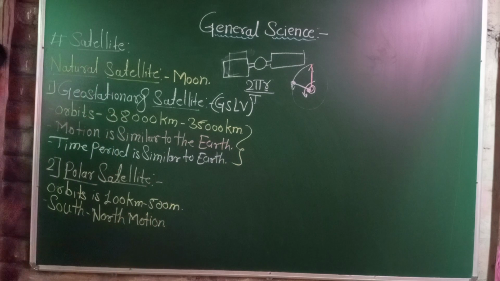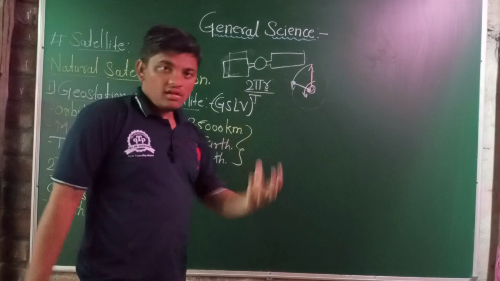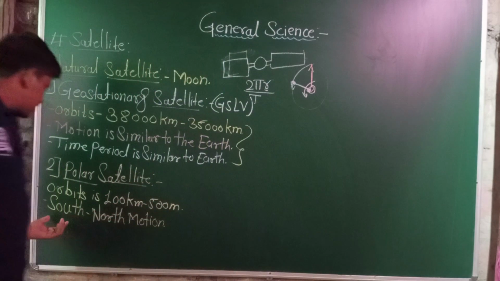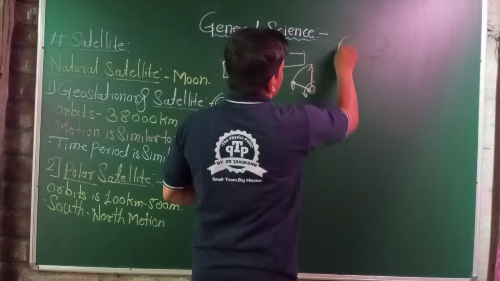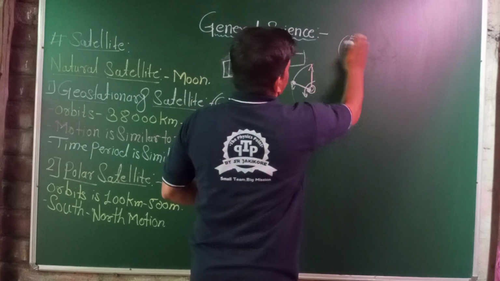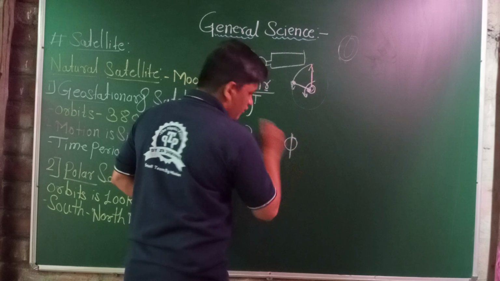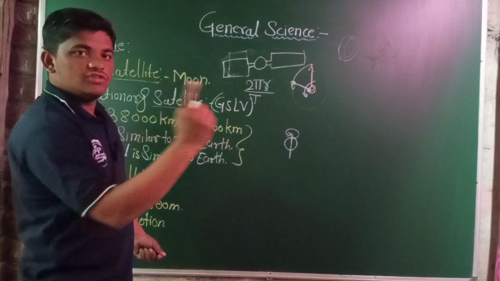Basic difference between GSLV and PSLV: GSLV satellites have equatorial motion. The Earth always follows equatorial motion, but this is another. If this is our Earth, this is its axis of rotation, and the Earth moves like this.